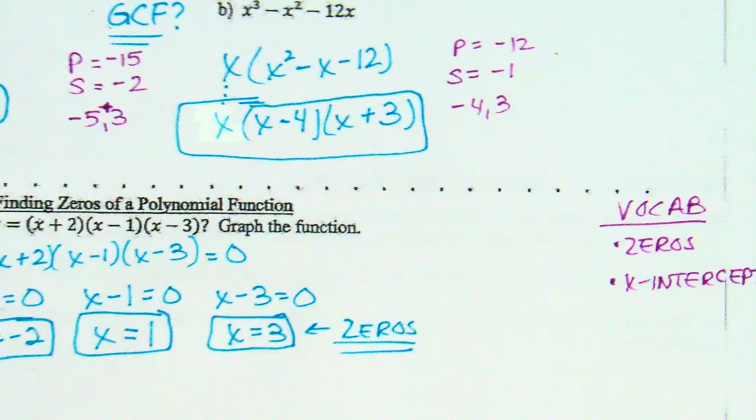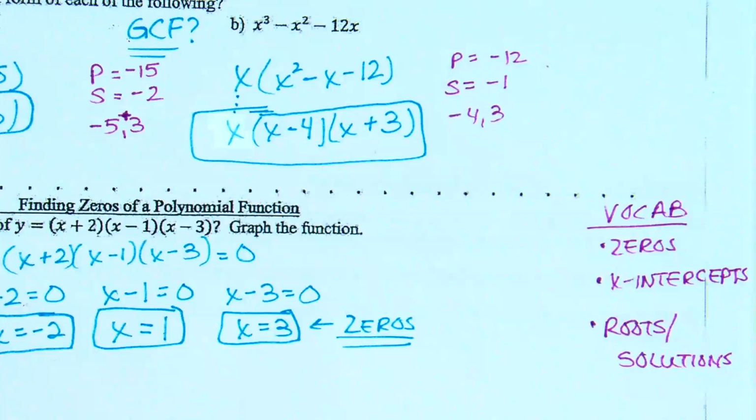So zeros are similar to the idea of x-intercepts. They are also similar to the idea of roots and solutions. So if you're asked to find the roots or solutions to a problem like this, same thing. You're finding zeros, x-intercepts, roots, solutions.